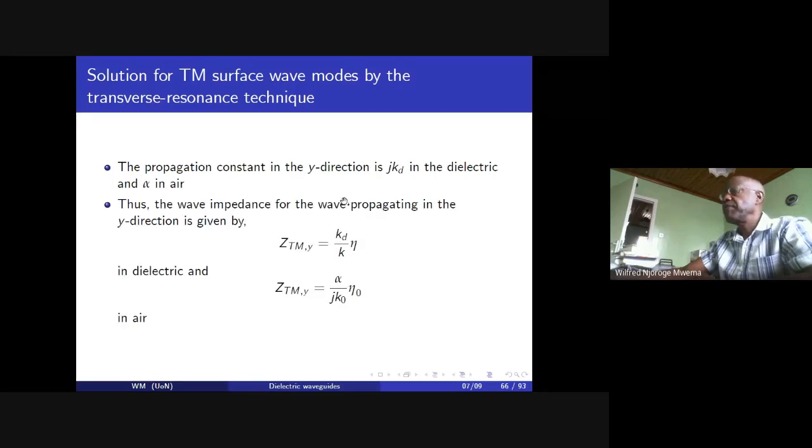And thus, the wave impedance for the wave propagating in the y direction is going to be given by ZTM of y equal to kd by k multiplied by the intrinsic impedance of the dielectric, and ZTM of y equal to alpha by jk naught multiplied by eta naught in the air region.